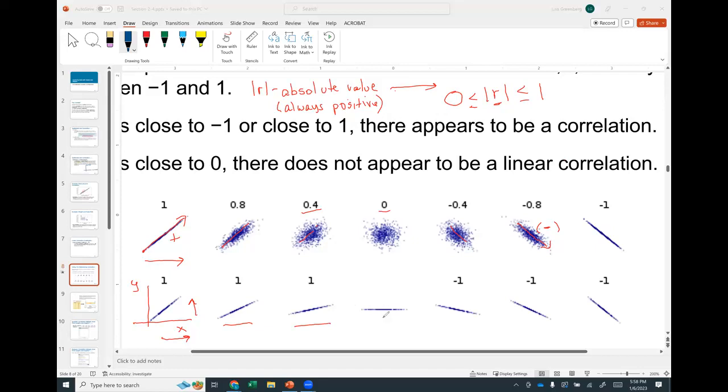As X increases, Y doesn't change. So there really is no correlation, because X can do anything and Y just stays the same. This would actually be 0, even though it's a straight line. As one thing changes, the other does nothing, so they can't have anything to do with each other.